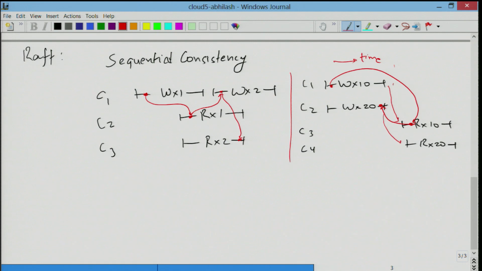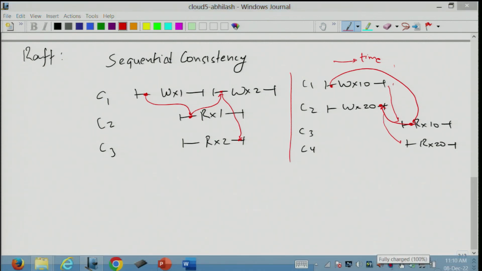Because we have to read the latest history. Or WX20 could also have happened before WX10. So either RX10 happened before WX20 or RX20 happened before WX10, right? So there is no linear order in which we can put these requests to see this outcome, right? That is the point.